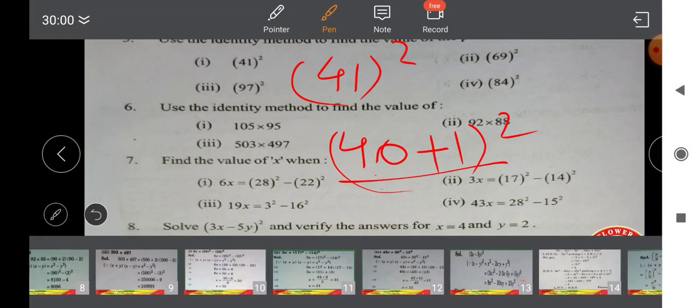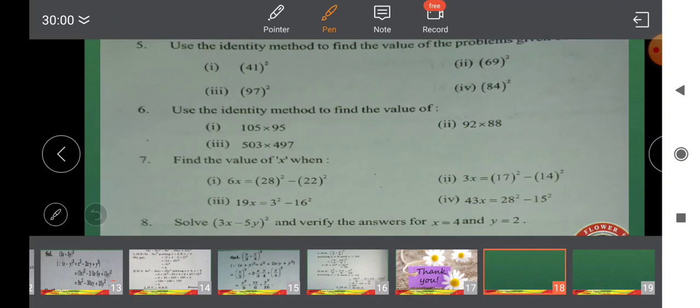The question is 41 square. You need to find the value of this using the identity method. You don't need to multiply here. So can I write 41 as 40 plus 1? Why am I doing this? To make our calculation easy, right?